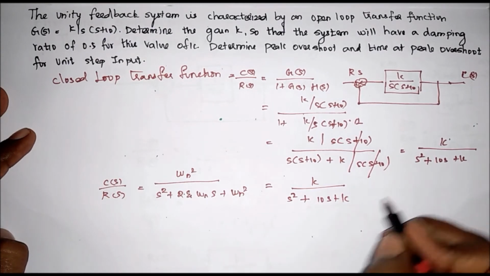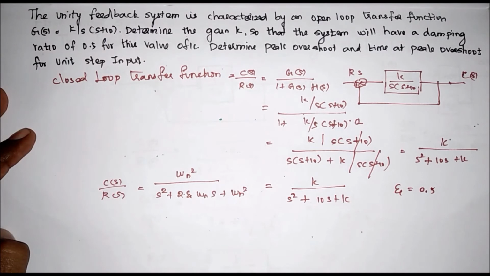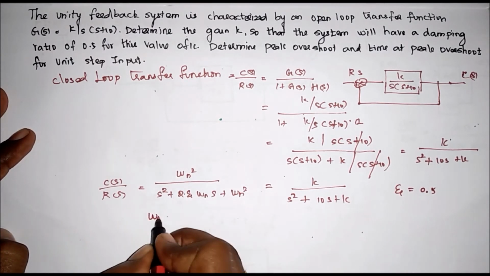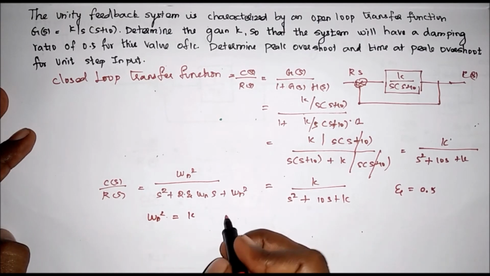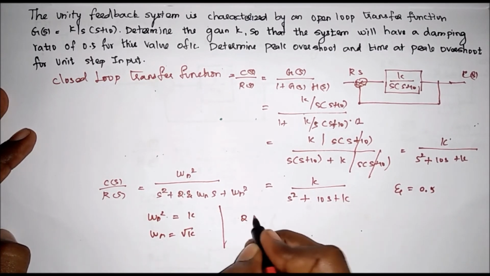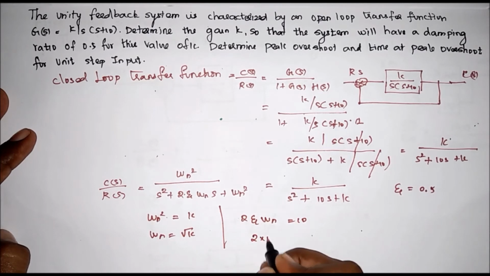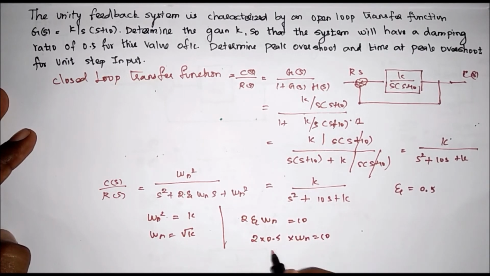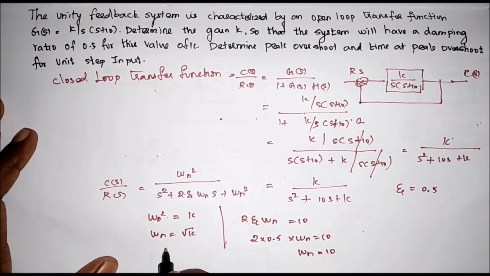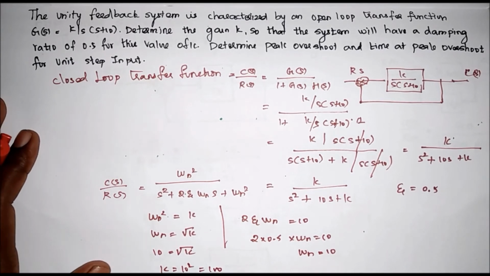The given damping ratio eta equals 0.5, and for this we have to find K. From the comparison, omega n square equals K, so omega n equals square root of K. Also 2 eta omega n equals 10. With eta equal to 0.5, 2 into 0.5 into omega n equals 10, so omega n equals 10. Substituting, omega n equals 10 equals root K. Therefore K equals 10 square equals 100. So the K value equals 100.